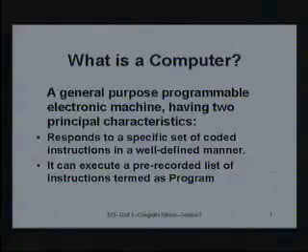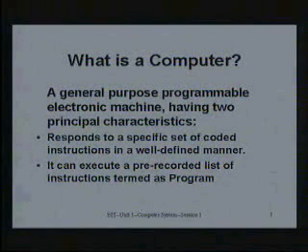The basic thing which we have to define first is what is a computer. Before we discuss anything, it is always essential that we define what a computer system is. A computer is a general purpose programmable electronic machine having two principal characteristics. Now remember two things here.